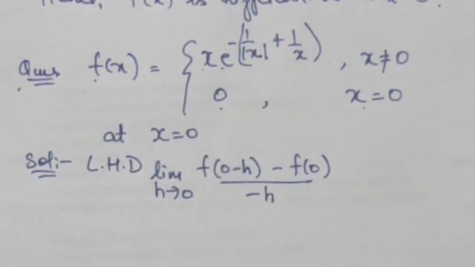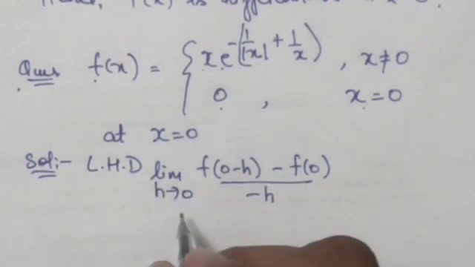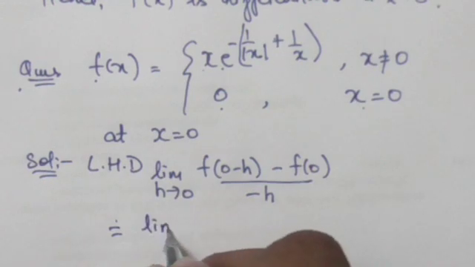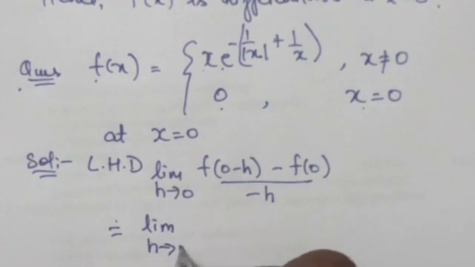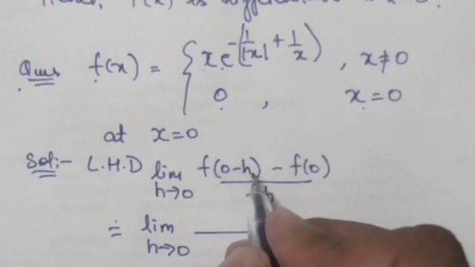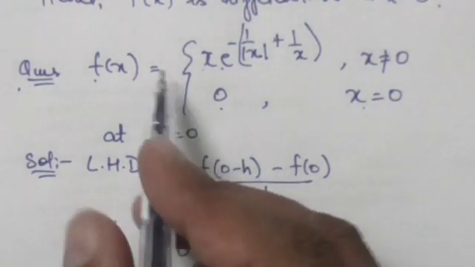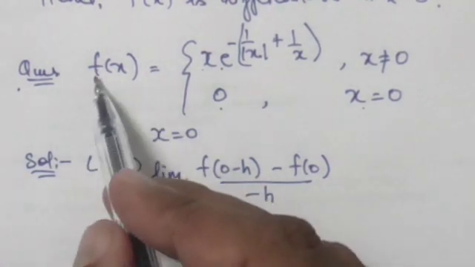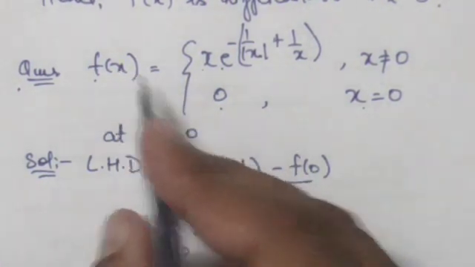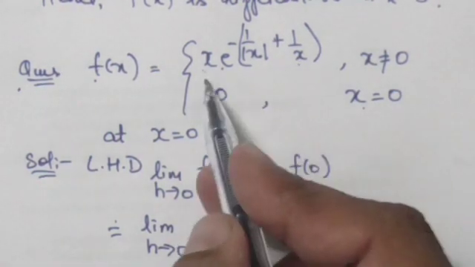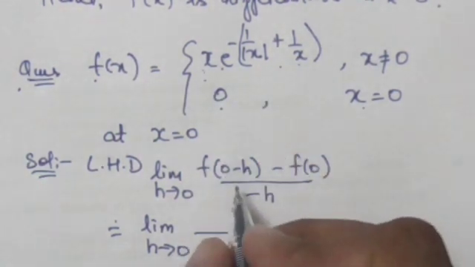This is the left hand derivative of this function f(x) at x is equal to 0. Now what is f(0 minus h)? Here you can see that x is less than 0, and here x is not equal to 0. So this definition of f(x) will be used, right?